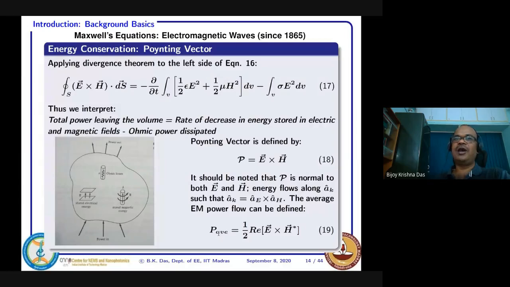And how you are manipulating that energy for your information flow is actually the subject of communication technology. So ultimately it is energy that matters. An electromagnetic wave, at the end of the day, is an energy flow. But what type of energy? It's electromagnetic energy, right? And that energy will be traveling.